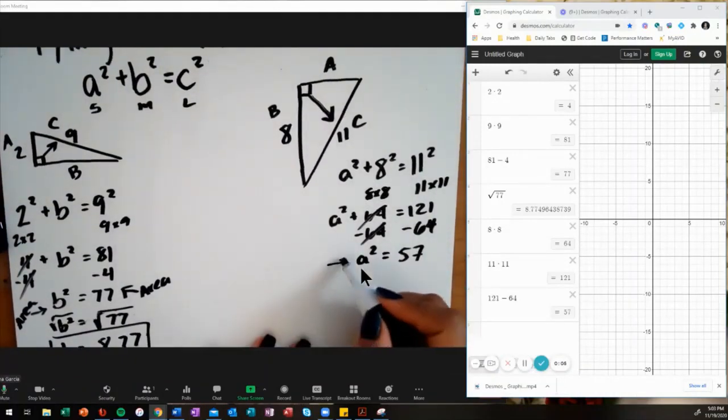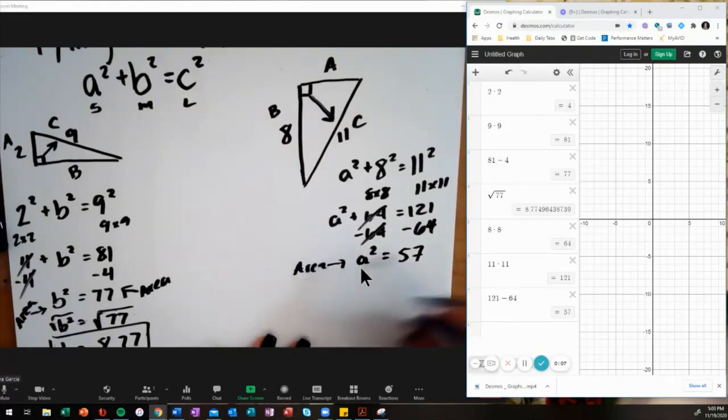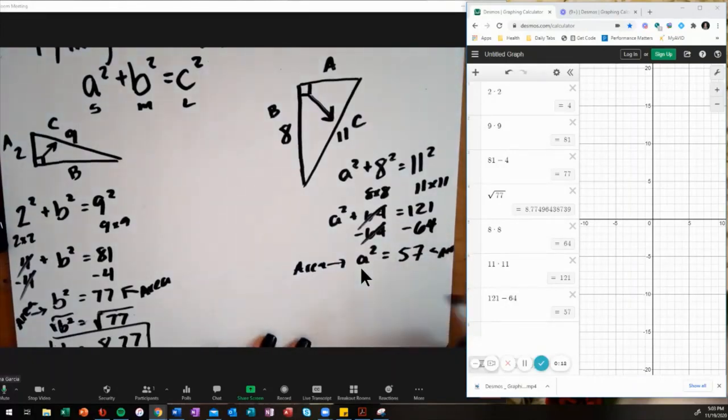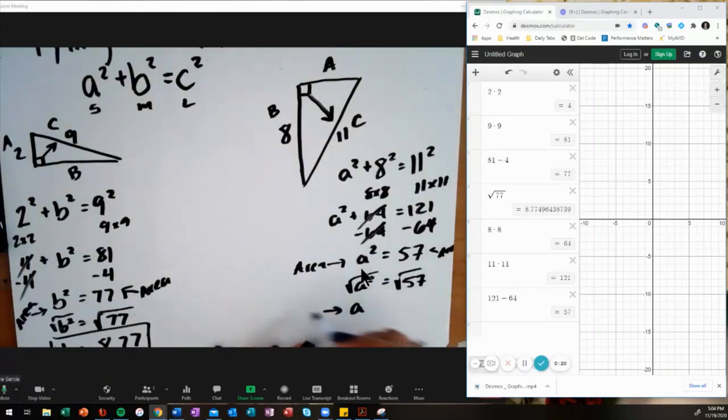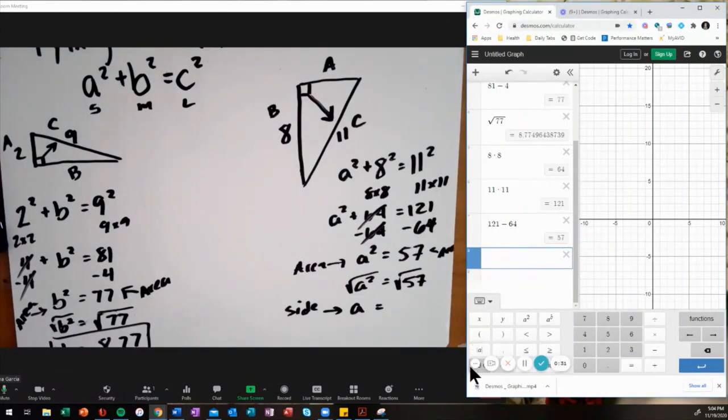Okay, but remember, this is an area, and this is also an area over here, okay? I don't want an area, I want a side. So I need to take the square root from both sides of my equal sign. I am left with a, because remember, a squared is an area, but a is just a side. And now the square root of 57, let me come over here and do it in my calculator.